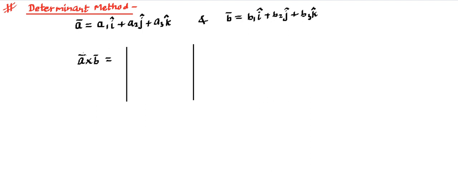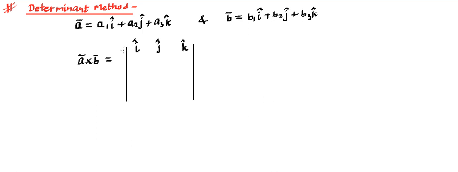Whenever there is a cross product and two vectors are involved, the first vector and the second vector, we will make this kind of two parallel lines which will be read as a determinant, and we will write I cap, J cap, K cap. So we will write here I cap, then in between J cap, and here K cap.